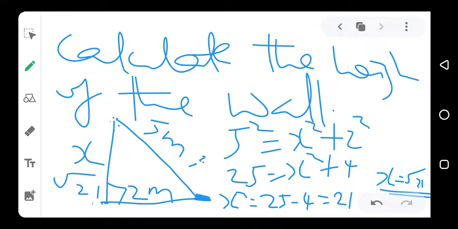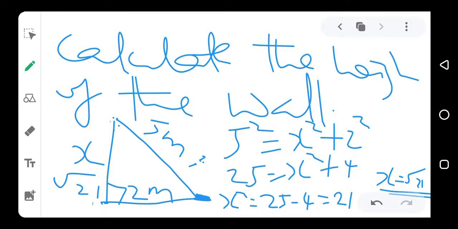So we have calculated the height of the house without using any tape to measure it, just because we know the length of the ladder and the distance between the ladder and the house. We apply Pythagoras theorem and we calculate it. So even your house, you can measure the height of your house by just bringing a ladder, leaning it and making it touch the roof of your house.